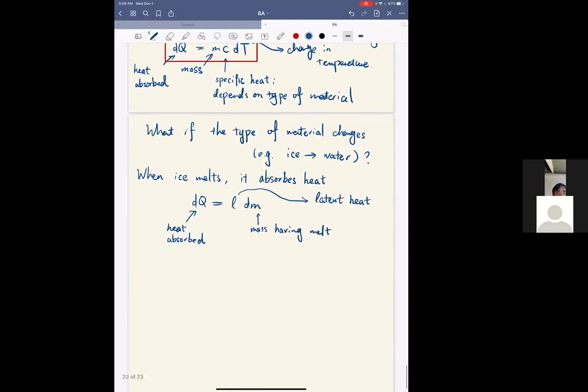So that latent heat only depends on the process, or only depends on the change of the phase of material.